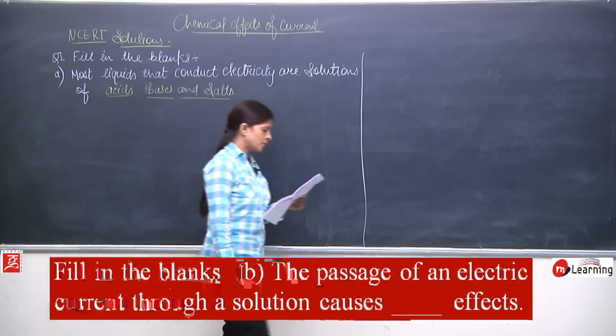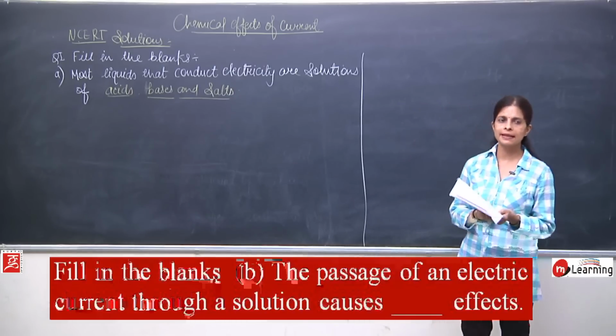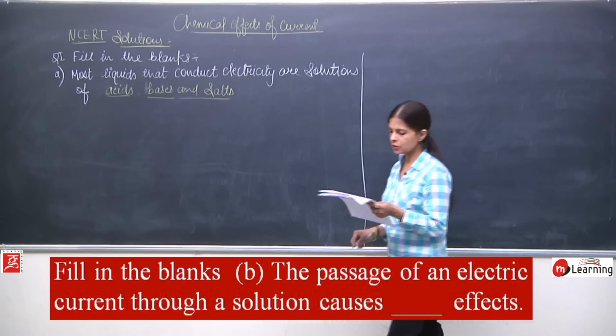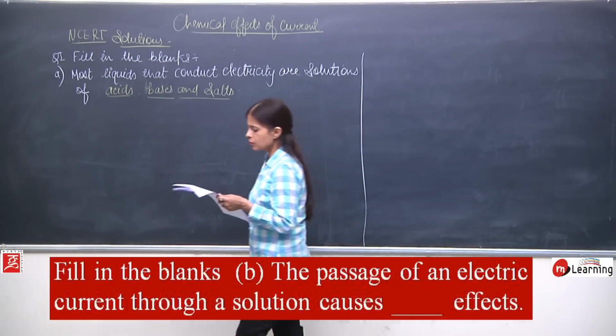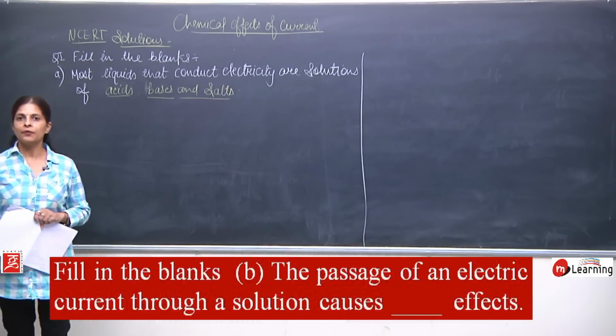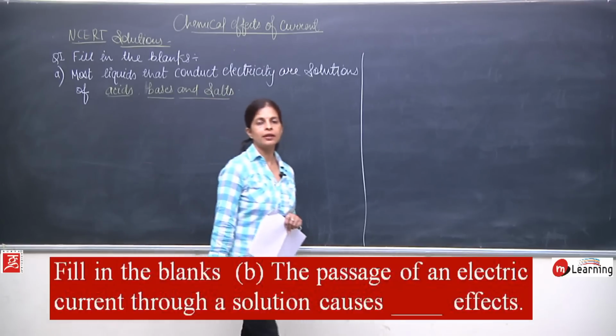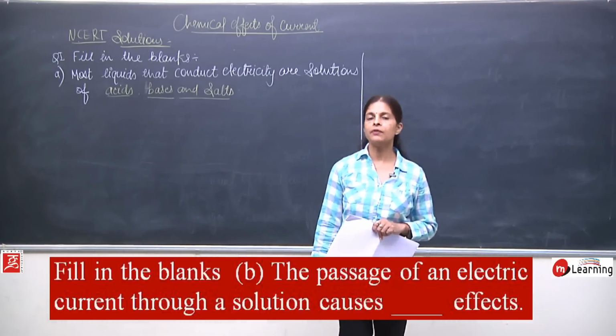Now we'll come to fill the blank number 2, and that is the passage of an electric current through a solution causes dash effects. We have read the example in the case of the potato and even the wheat flour.